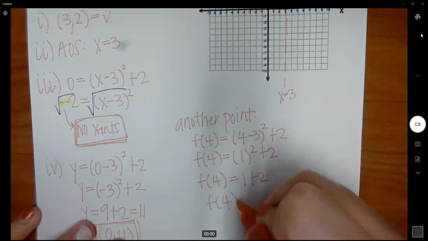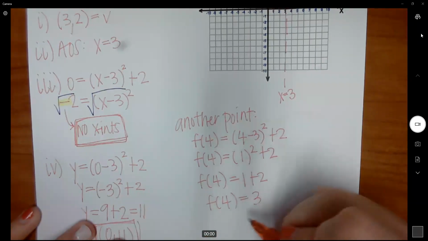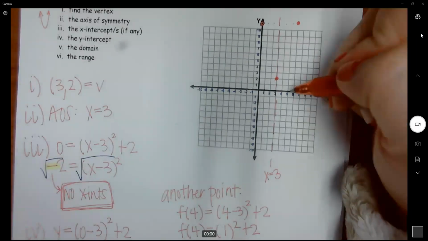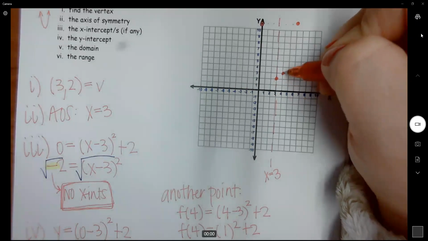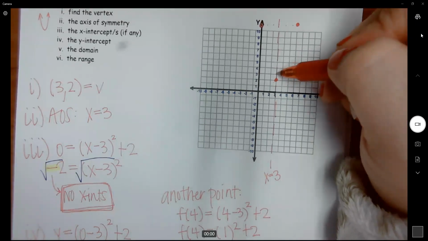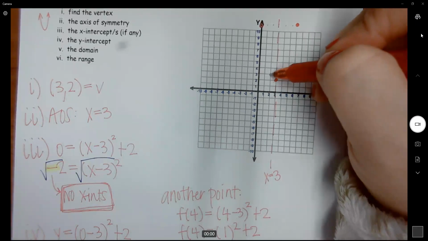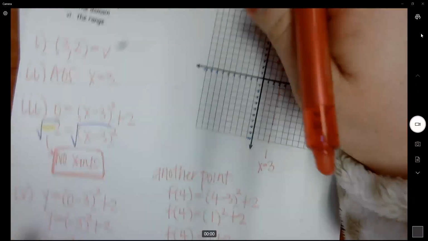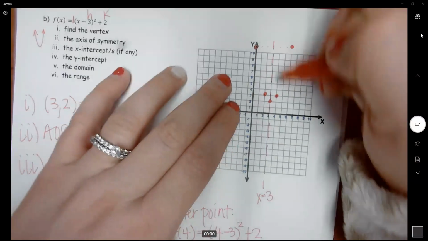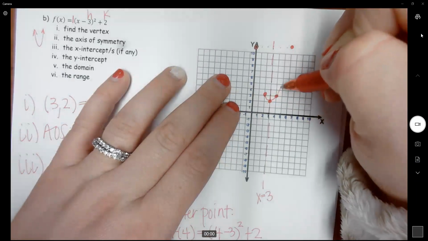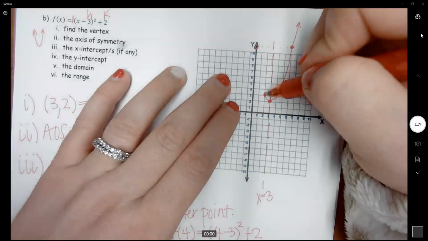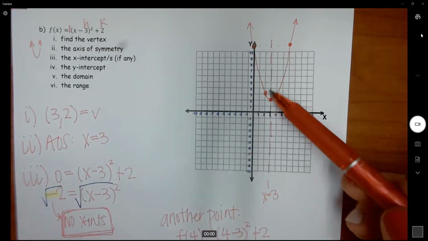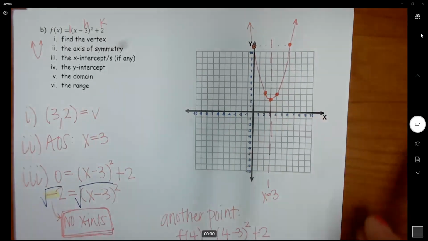So f of 4 equals 3. So I have another ordered pair at (4, 3), which is right here. And it's 1 unit away from my axis of symmetry. So I'm going to go 1 unit over on my axis of symmetry here. This just simply gives me a better idea of the shape of this graph when I am sketching it. But it is not necessary. And again, make sure that's rounded. You don't want that to be V'd.